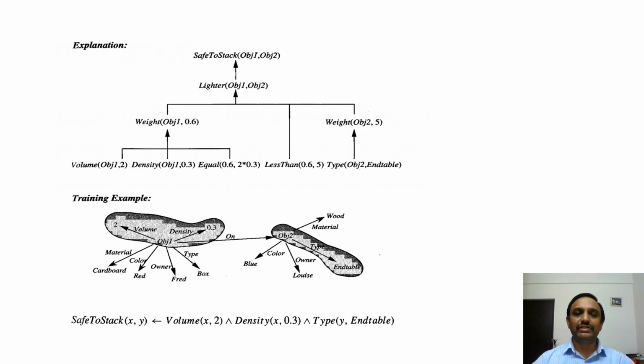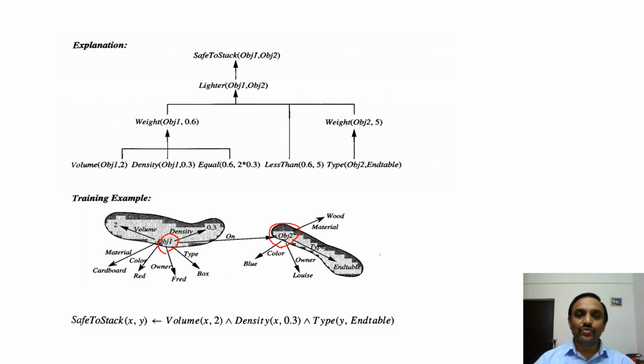So first we will see the explanation of training examples. Here we are taking two training examples: object one and its properties, and object two and its properties. That is the training data we are considering. From that we have to explain our training examples.